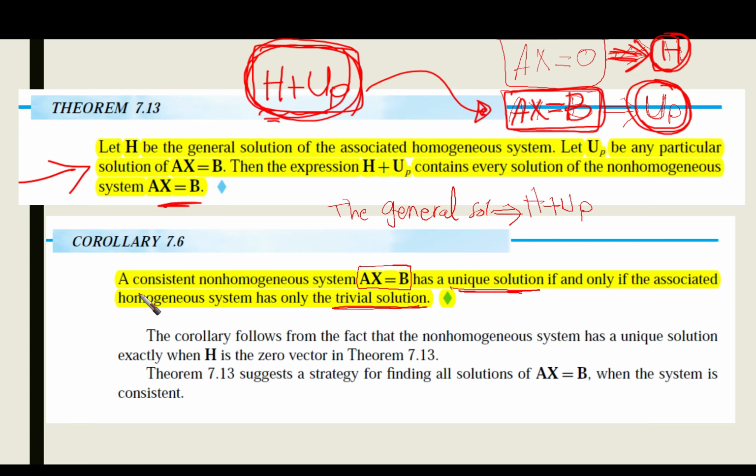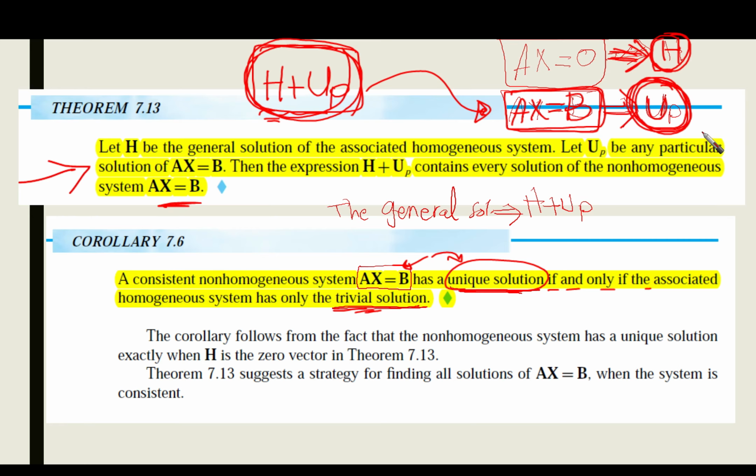A corollary of this theorem: a consistent non-homogeneous system AX equal B has a unique solution if and only if the associated homogeneous system has only the trivial solution. That's very nice, because I think you have asked yourself how we can obtain UP, the particular solution.